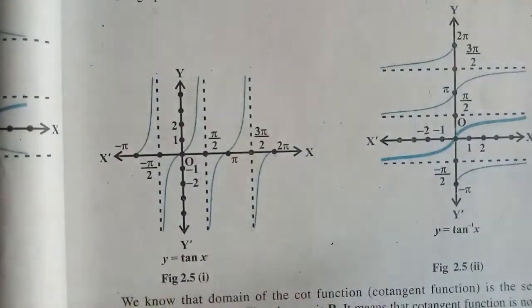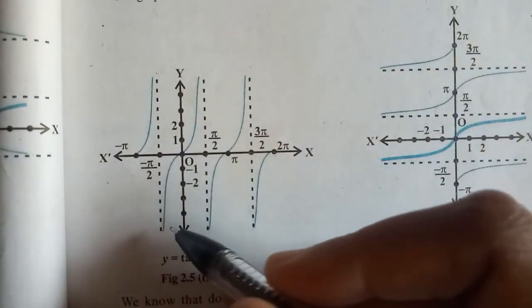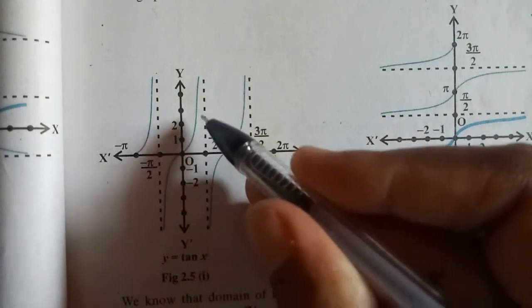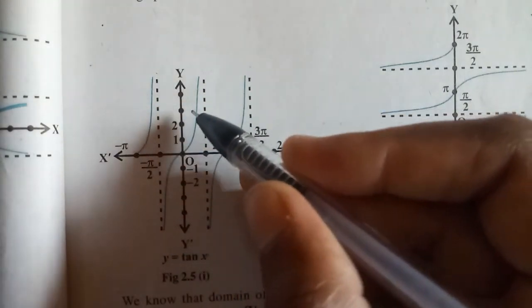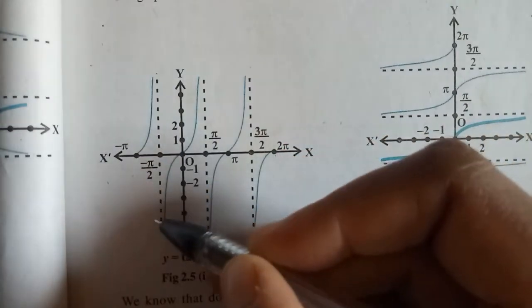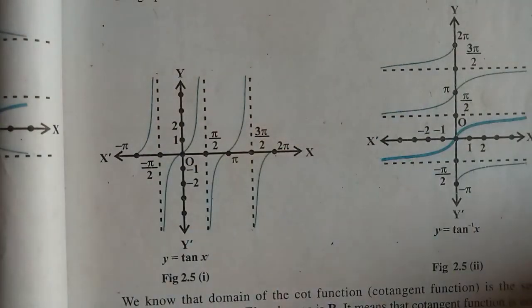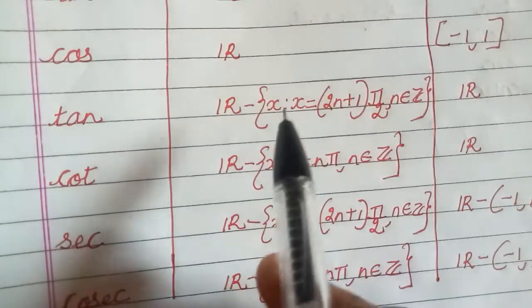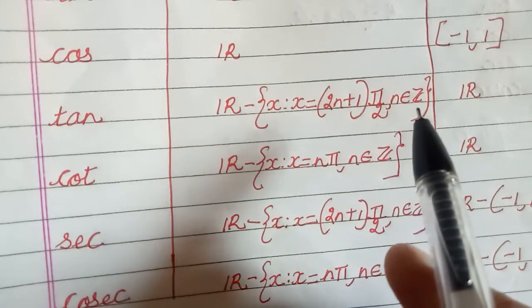If I take this part, you can see that tan is taking full values of the real numbers. That means your range is the full set of real numbers, and your function has domain R minus x equal to (2n plus 1) pi by 2, n belongs to integers.